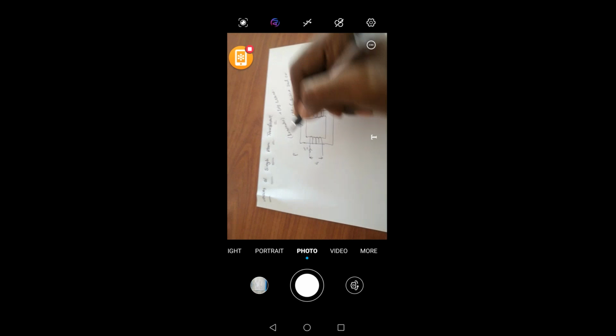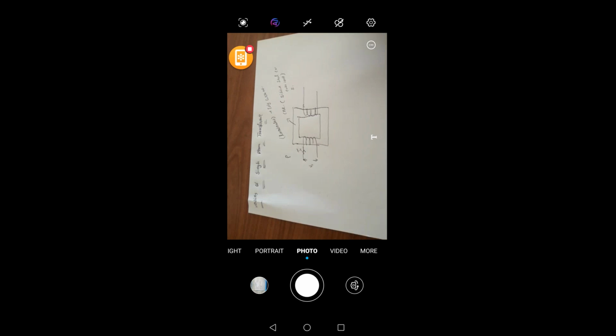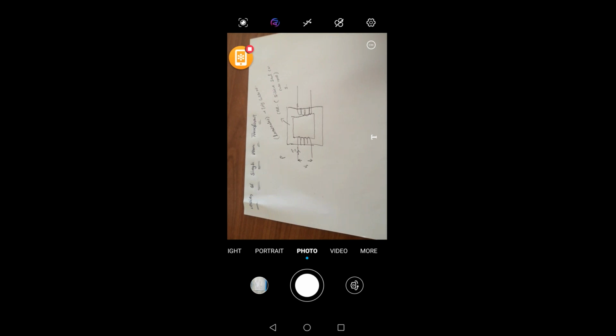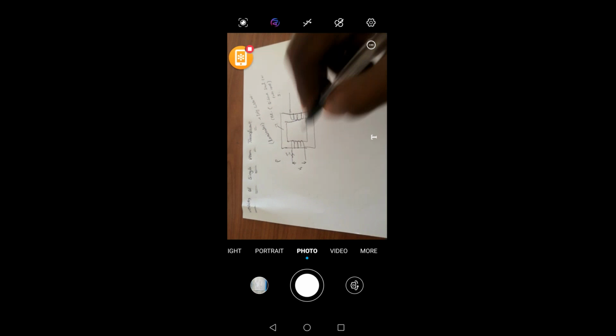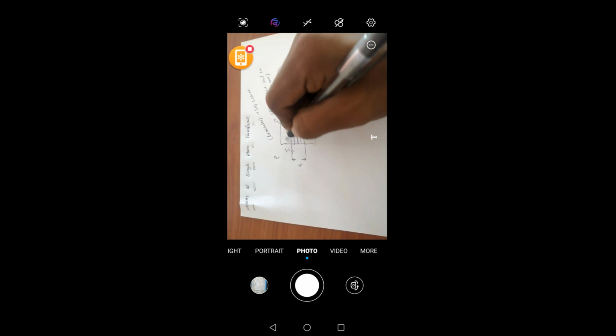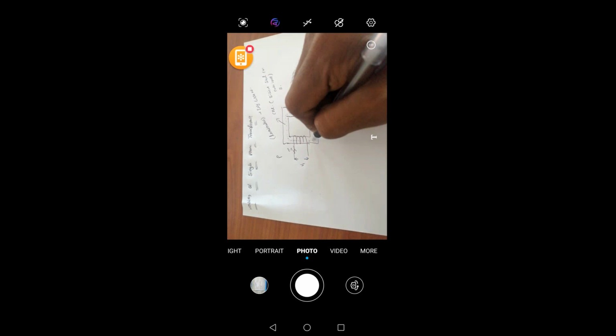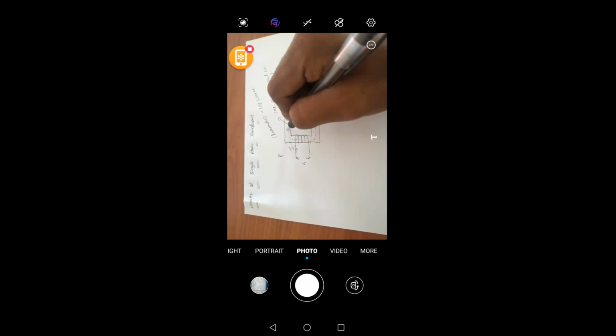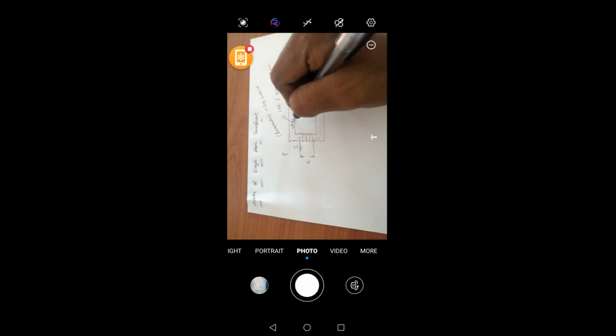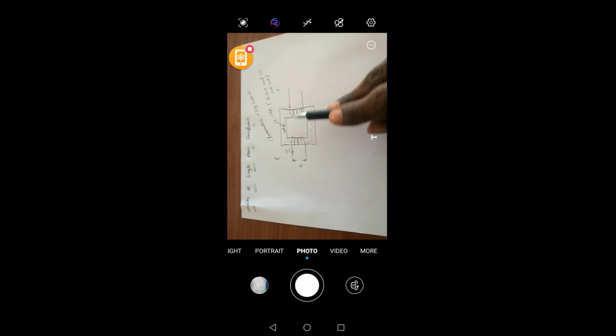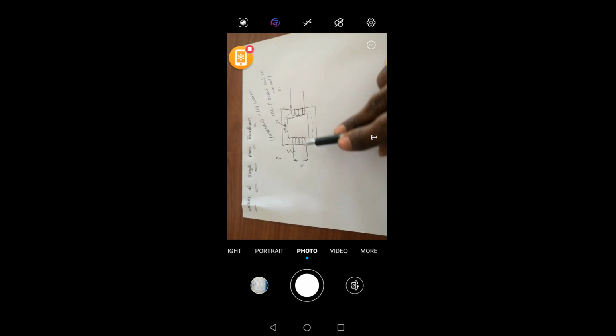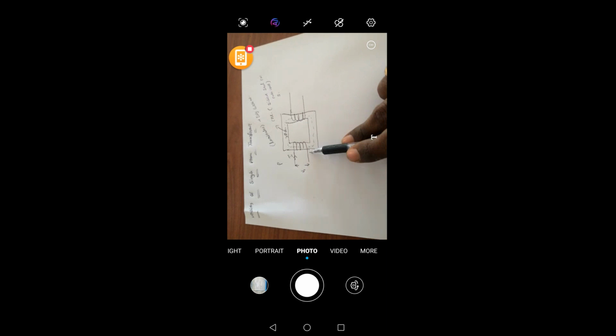You already know that when current flows through a winding, flux is generated. This flux travels from primary to secondary, and we call it the maximum flux. That's why the primary and secondary windings are magnetically connected and electrically isolated.